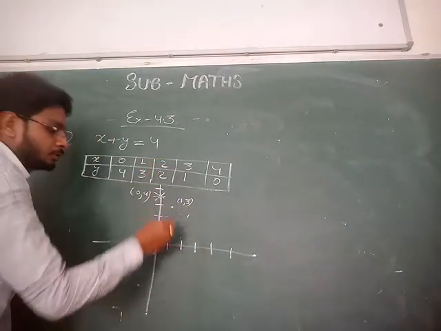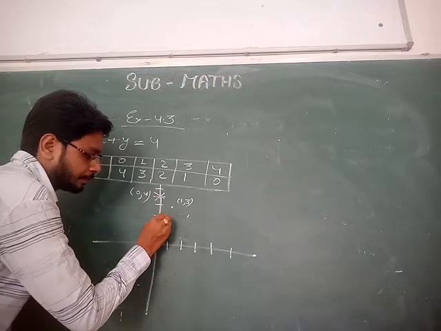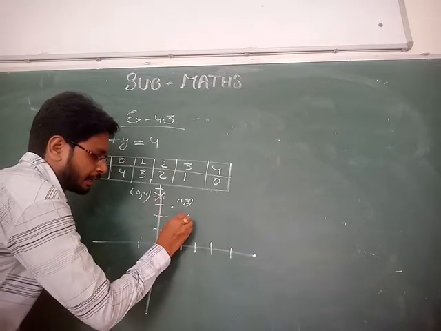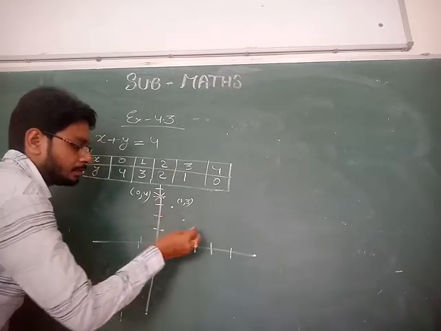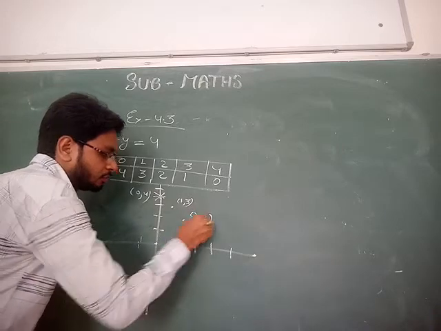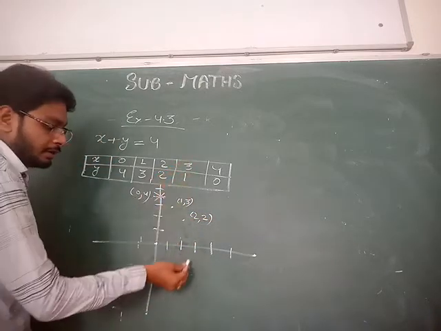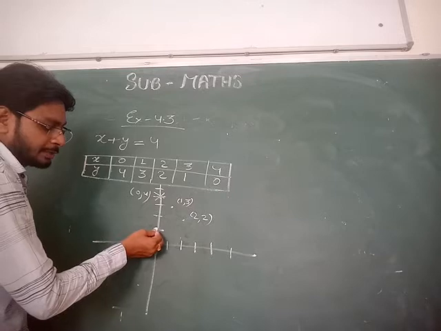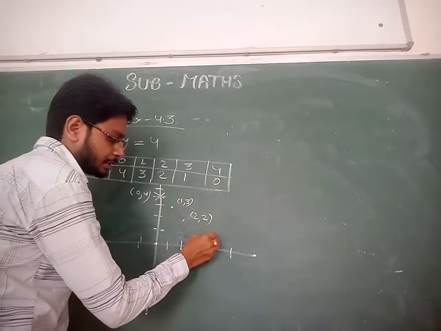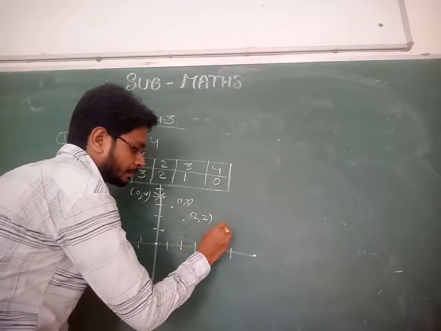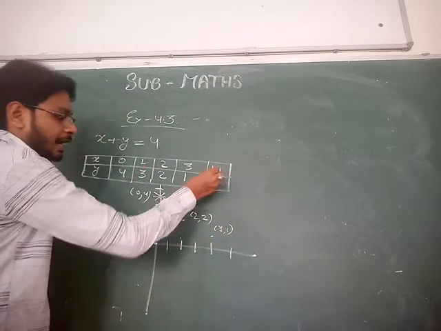Next is 2, 2. That is 2 and that is 2. You will get this point. Next 3, 1. That is 3 and on the y axis that is 1. And last 4, 0.